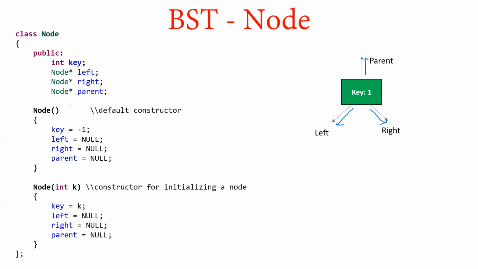We have a key, which is basically the value, and the links to the left child, right child, and the parent. With the default constructor, you can just specify the key as -1, and all the links will be null. If you have a constructor with a value, the value will be assigned to the key, and all the links will be null. Okay, let's do a coding example.